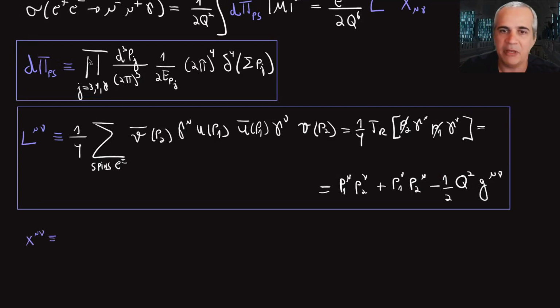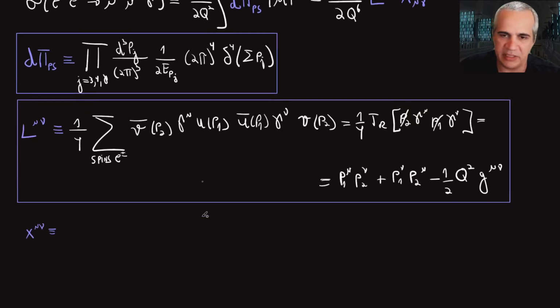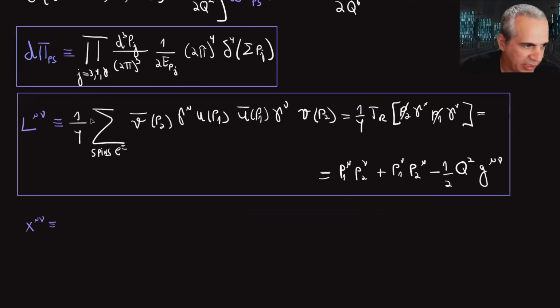You see that the integration in phase space is not here, so it must be in there. I don't need to put it here because the integration of phase space is over the final momenta, not the initial ones. So I can easily take L mu nu outside the integral and include the phase space in X mu nu. And that's what I did.